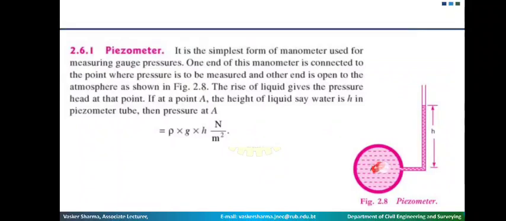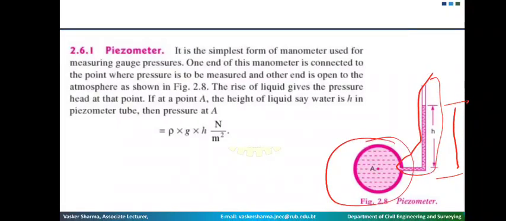As I told you, pressure is acting here due to the fluid moving. Because of this pressure, the liquid is allowed to flow up this tube. Based on how much the water level rises in this piezometer, which is known as a piezometer, only this part is the piezometer, and this is your pipe.